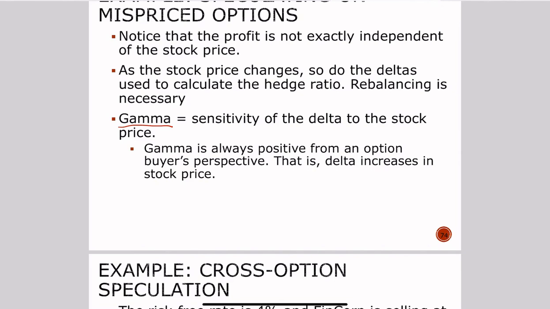Obviously, I will not derive the formula for gamma, and I won't tell you why gamma is always positive. However, you can learn about this if you take a more advanced class. The economics department actually offers a more advanced class which specifically is about options and futures. So if you have interest, then you could take that class.